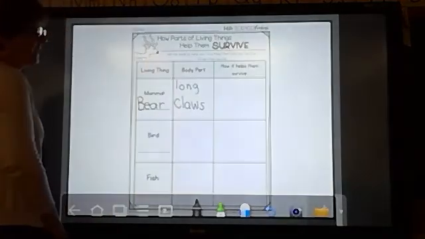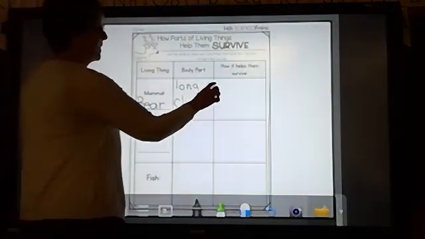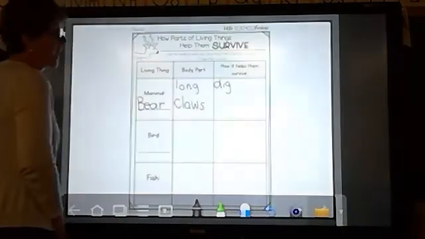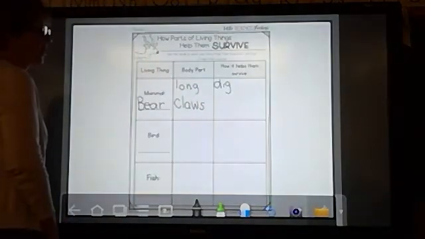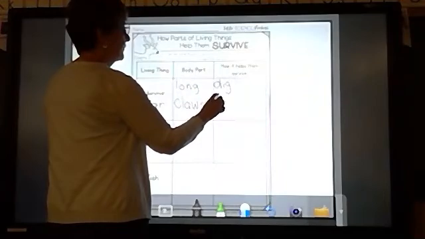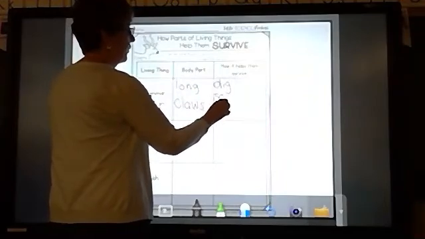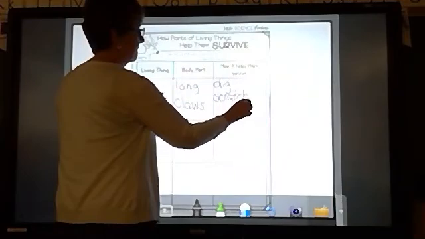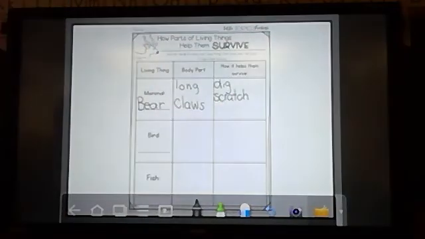Okay, and I know that their long claws are used to dig. I know that their long claws are used to scratch as a way of defending. Okay, and I'm sure there's one other one, I just can't think of it off the top of my head right now.